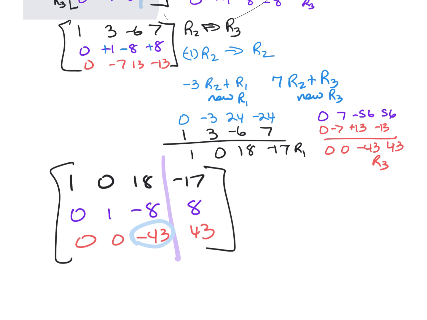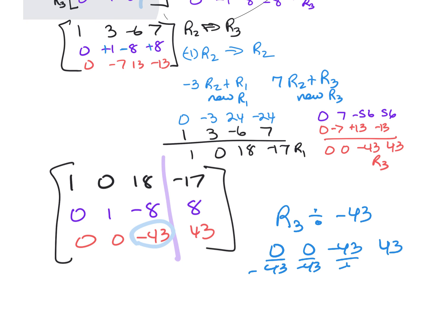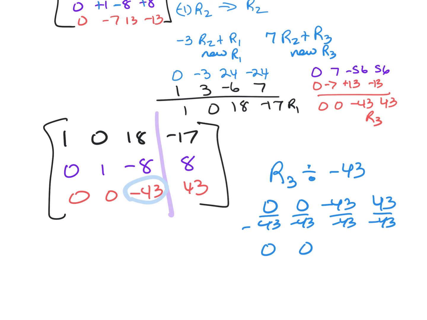Okay, so I'm going to go ahead and take row 3, divide it by -43. So 0, 0, -43, +43. Divide these all by -43. And then I get 0, 0, 1, -1.